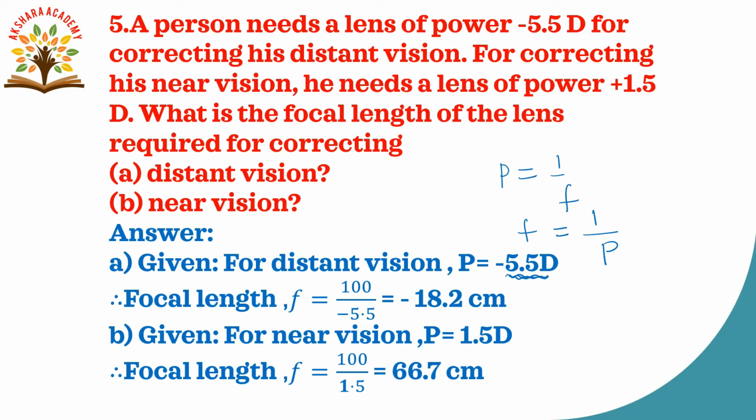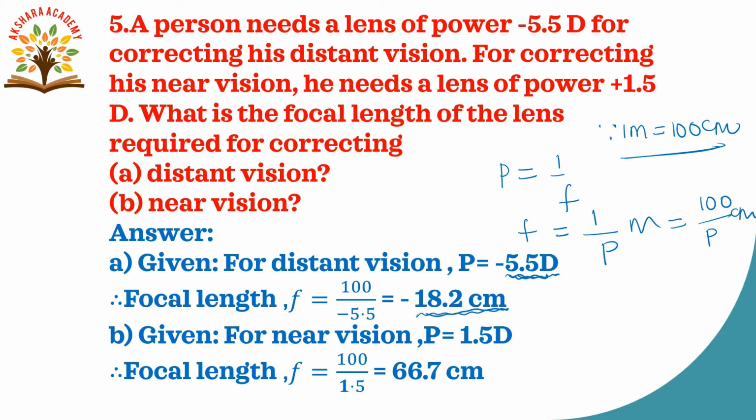In terms of meters it is 1 by P, and in terms of centimeters it is 100 by P centimeters, because 1 meter is equal to 100 centimeters. The unit of power is diopter, D. So F is equal to 100 by minus 5.5, and after division we get minus 18.2 centimeters.